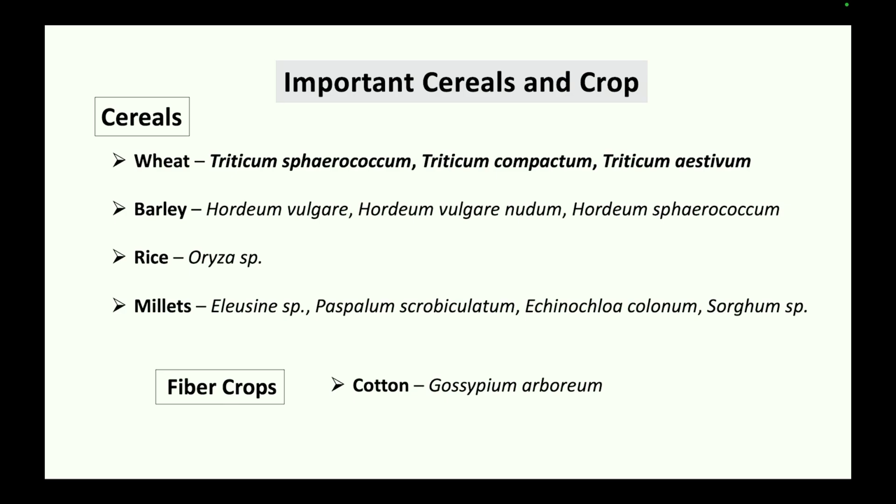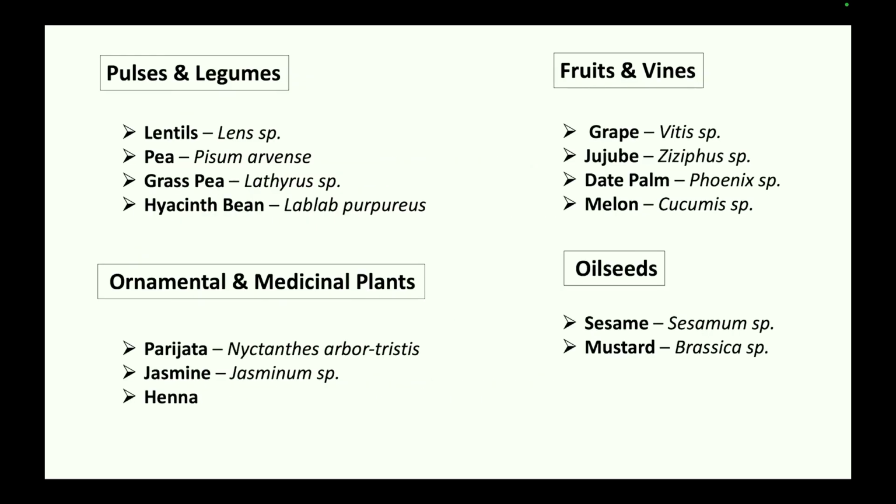In the fiber crop category, it is cotton, which is Gossypium arboreum. In the pulse and legume category, there are lentils, pea, Pisum arvense, grass pea, Lathyrus species, and hyacinth bean, that is Lablab purpureus.